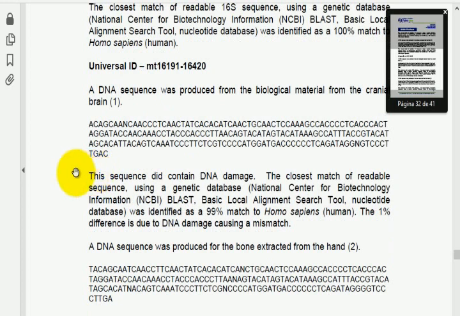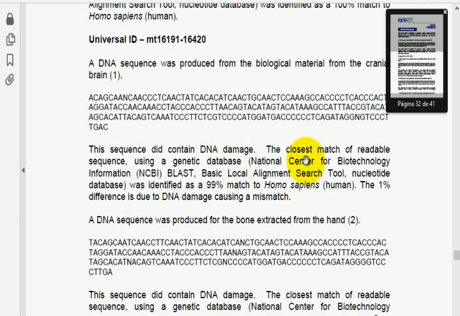And here are the results. This sequence did contain DNA damage. The closest match of readable sequence using a genetic database was identified as a 99% match to Homo sapiens. Here, please read carefully.